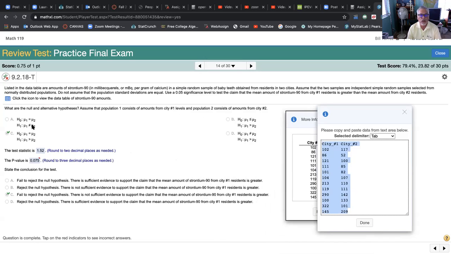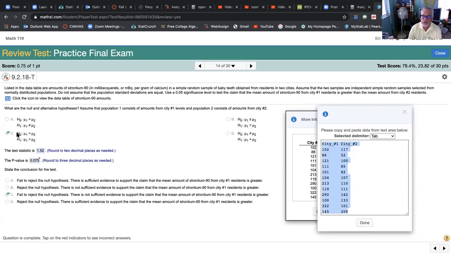Now, in order to determine whether it's A or C, we have to look at the claim from the wording in the problem. And the claim is that the mean amount of strontium 90 from city number 1 is greater than the mean amount from city number 2. So that clearly is a one-tailed, right-tailed test.